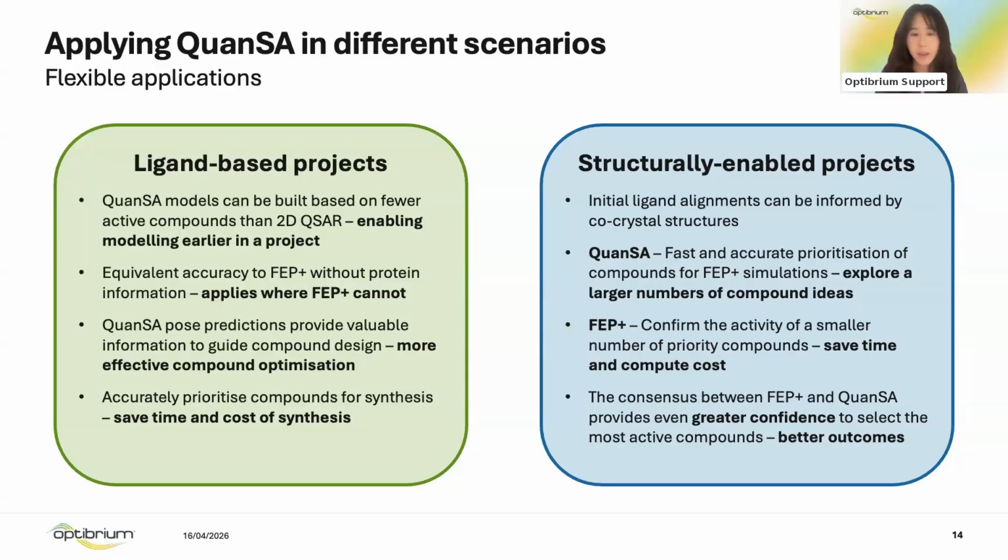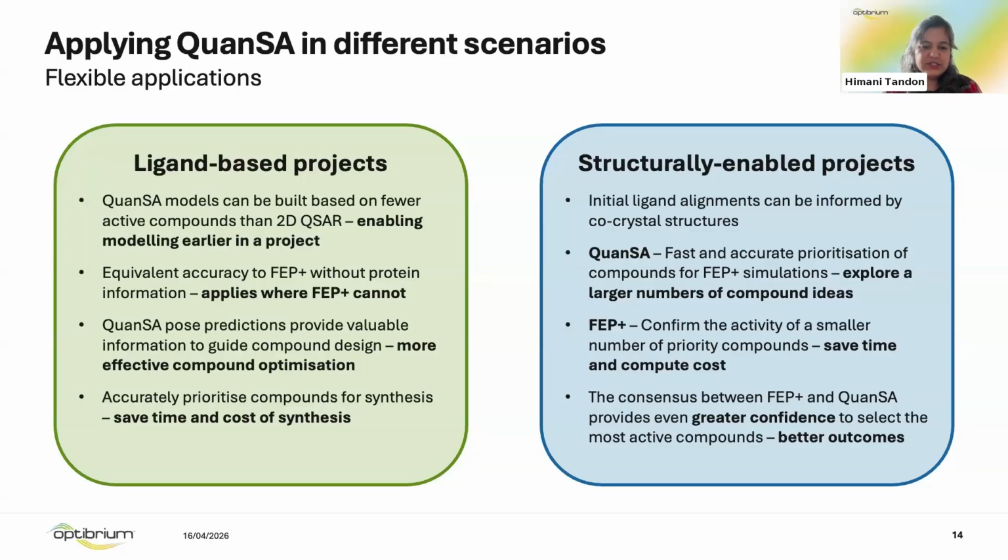Thank you. The next question is, do you have examples where the results from a screen, for example HTS or something else, were taken through QuanSA to predict what the next best compound should be made or followed up on? What were the results? I think this is the most common application of QuanSA.